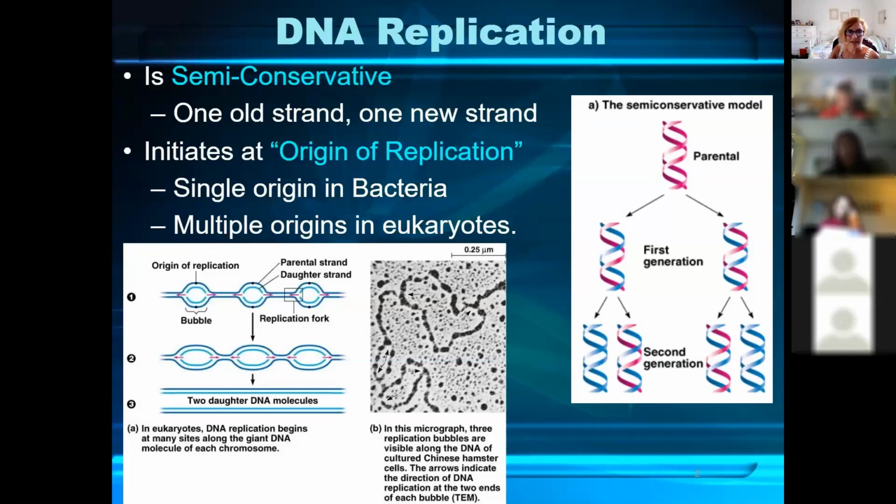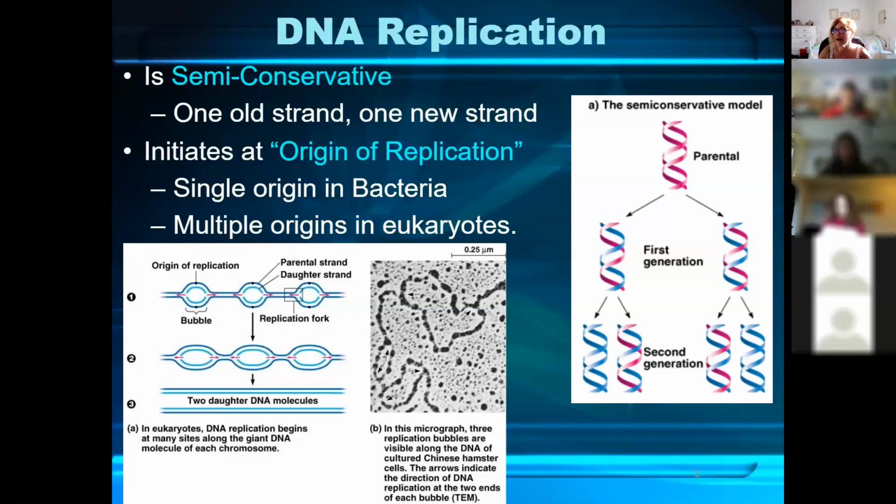Something we maybe have not talked about yet is versus bacteria, right? So in eukaryotes, we have multiple points of origin. So when we're replicating our DNA, it doesn't just start at one point and then become a zipper to the other point. It starts in many points because we have a lot of genes to cover, and it would take a long time if you started at one and had to go to the other.